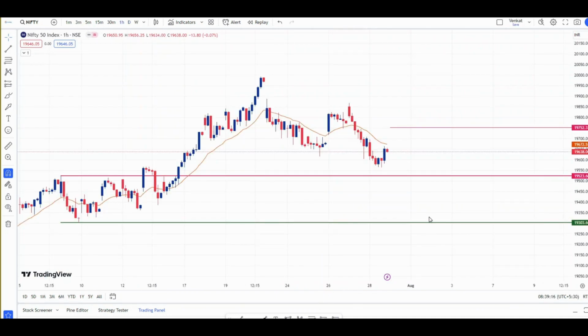Now let's see the important levels for Monday's trading session. For that I am using the hourly time frame. For any reason, if on Monday Nifty opens gap up or flat and tests this level, which is near 19,750, and forms a pattern like this, an M pattern, then we can short Nifty from this level.